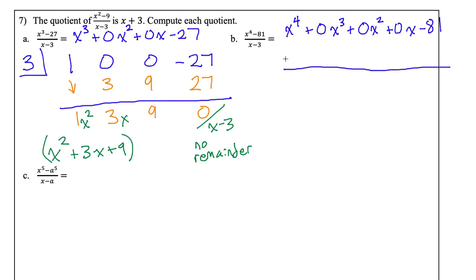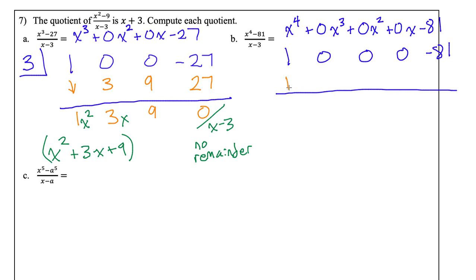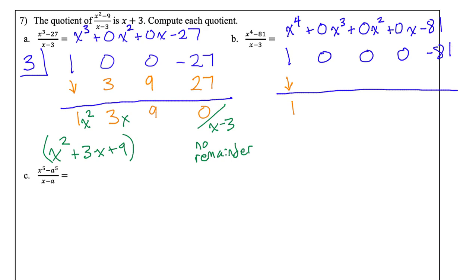Here I go. Oh, I need to actually do my synthetic division. My coefficients are 1, 0, 0, 0, -81. I bring that 1 straight down. Oh, I forgot my 3 out to the left-hand side. Again, I need to switch the sign from a -3 to a +3. 1 times 3 is 3. 3 plus 0 is 3. 3 times 3 is 9.